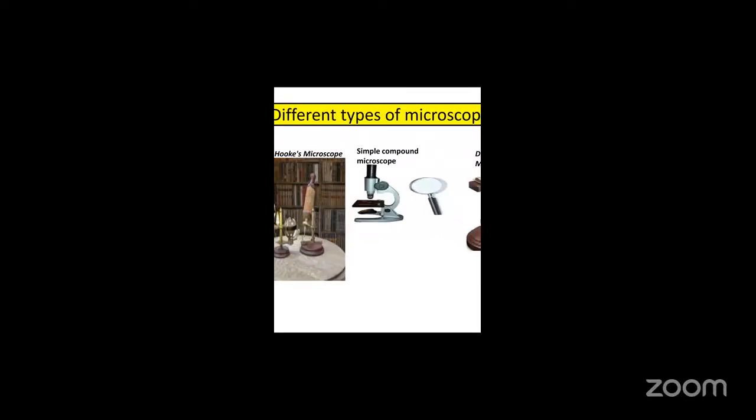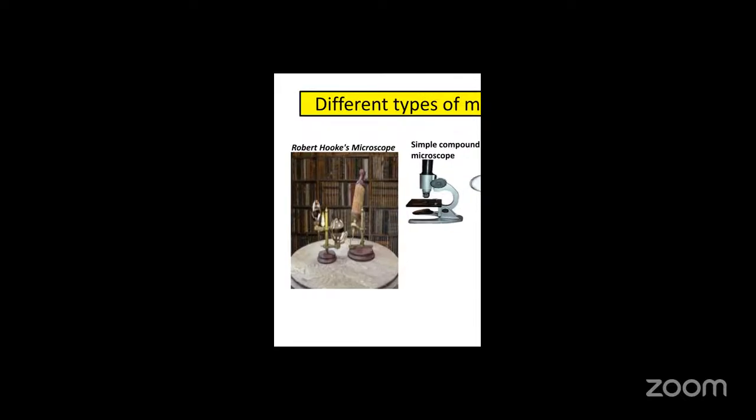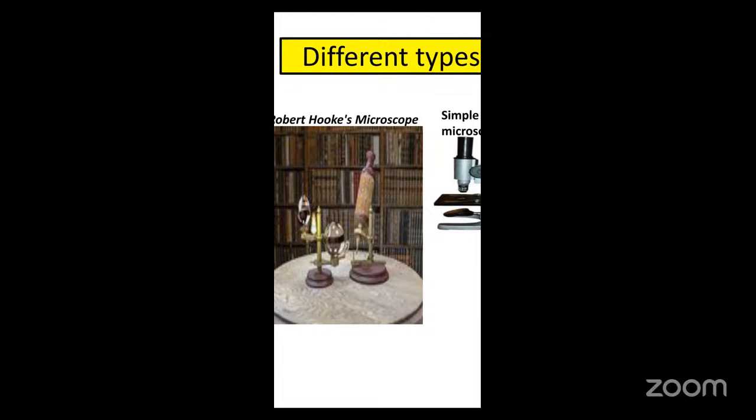Now, see here, different types of microscope. Just now I mentioned this is Robert Hooke's microscope. He invented a very simple microscope with only one single lens, and with that they were able to observe the cell using cork. You all know. That is how they identified the structure of a cell.